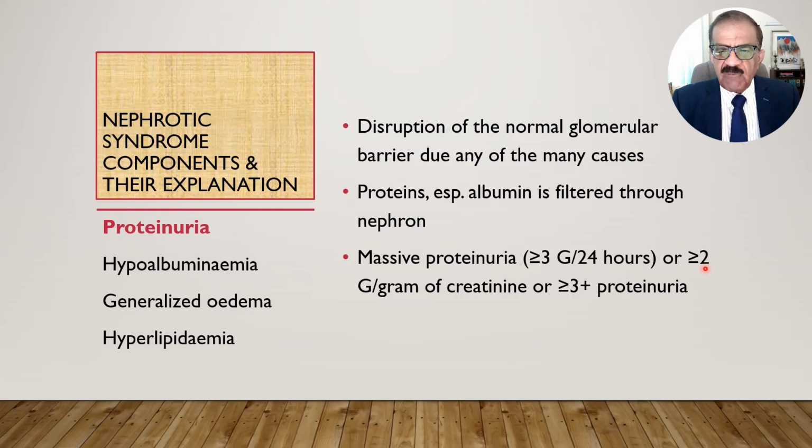I believe this one is best, 2 grams. So you ask somebody to have the urine tested for both albumin, protein and creatinine, and you apply this formula. If it is more than 2 grams per gram of creatinine, you have made a diagnosis of proteinuria as a component of nephrotic syndrome. So this was it.